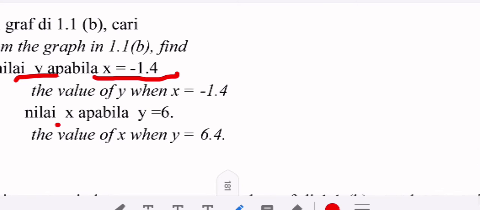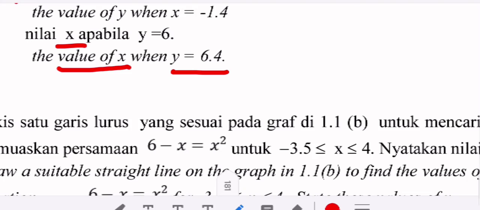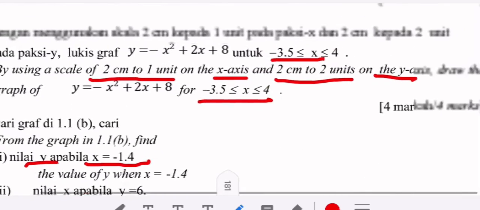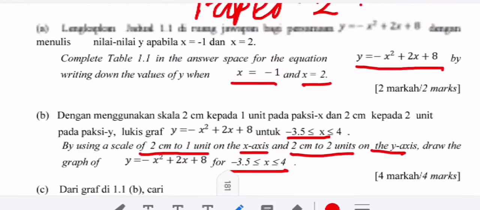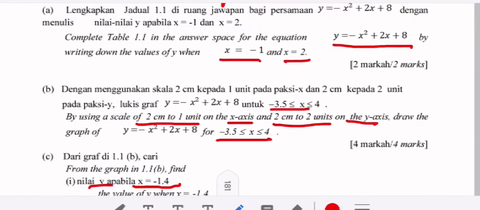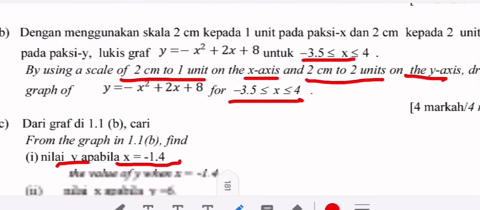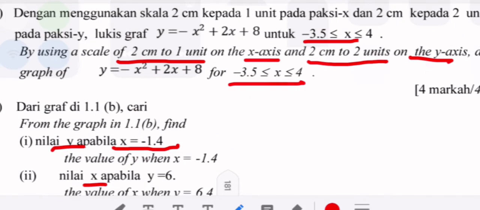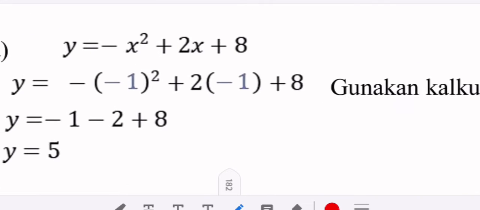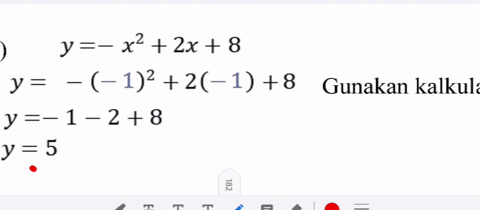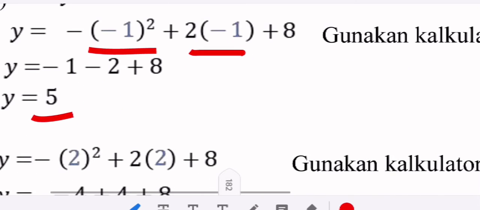And then you need to use a graph to find the value of y when x is negative 1.4, and also you need to find the other value of y, or maybe they give you the x, ask you to find y, or they give you the y, ask you to find the x. So basically, in order to find the y value, you need to substitute the x value into the equation, and you need to solve it carefully.